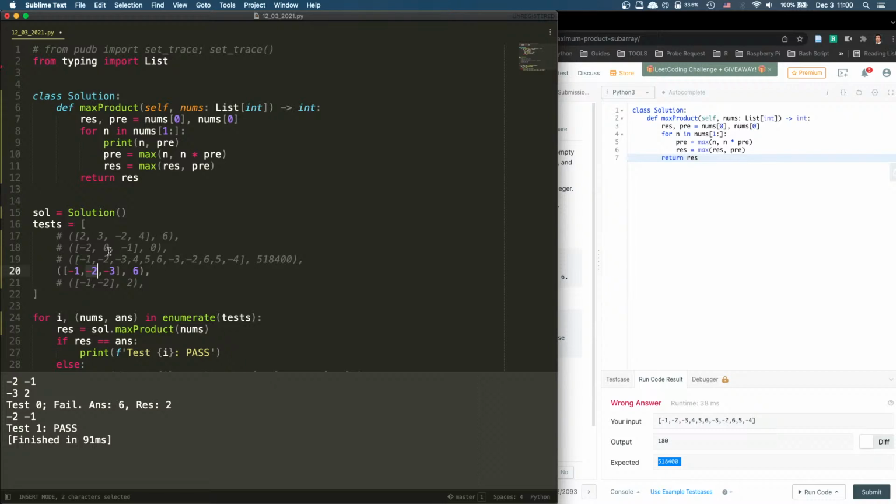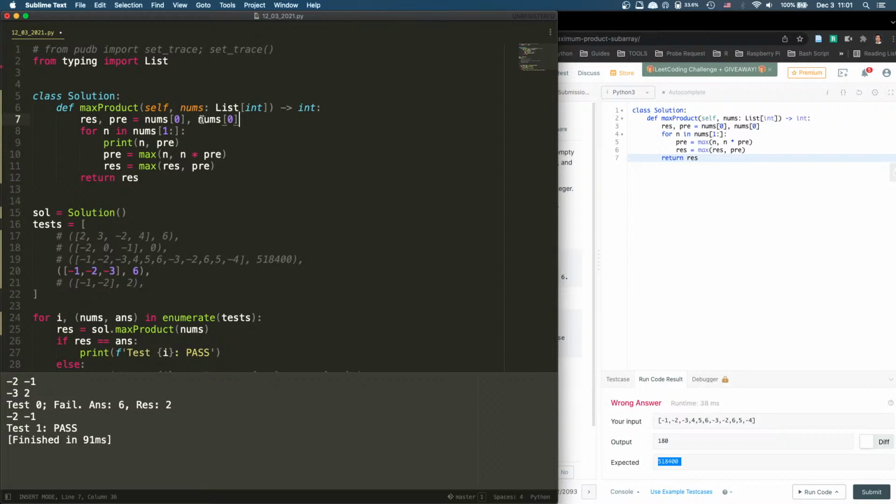So, what do we do? If it's a 0, hold on. Reset equal to this.